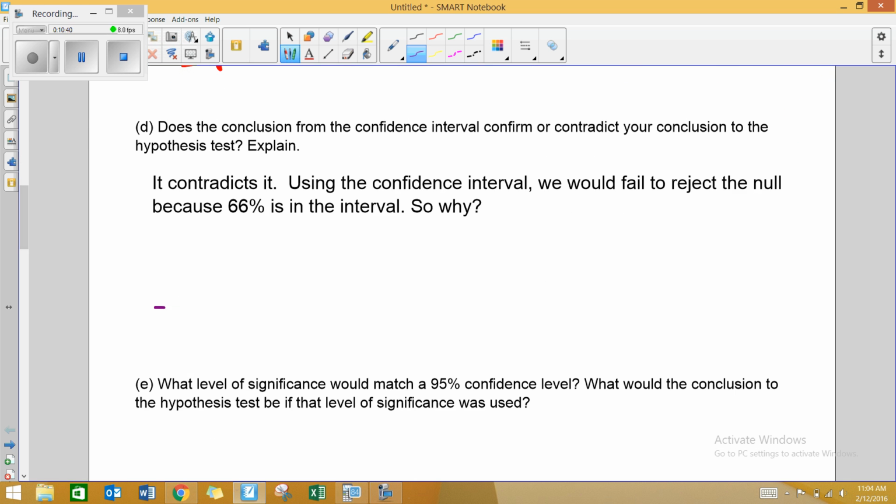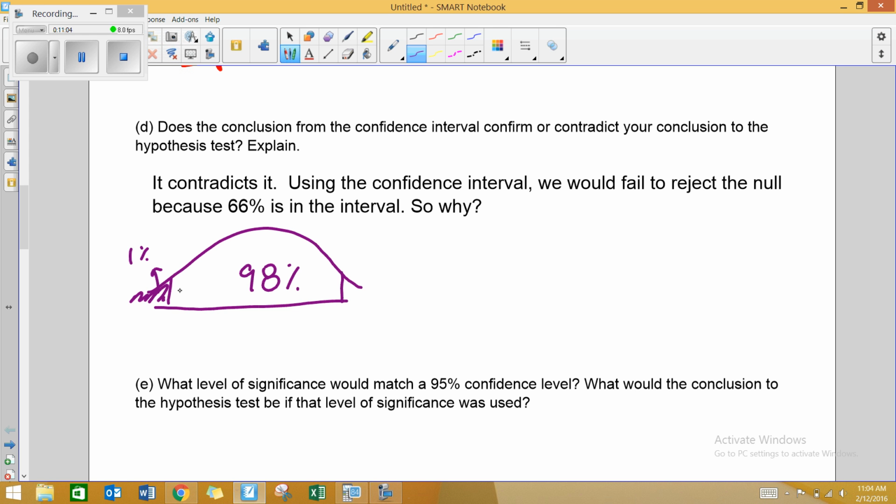Well, down here, if I'm looking at a 98% confidence interval, now I've only got 1% out here. So I've only got 1% now as my rejection region.